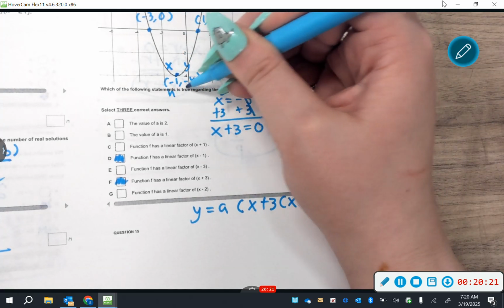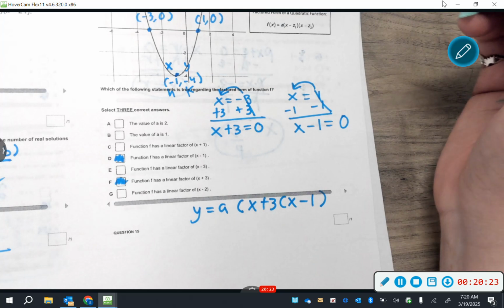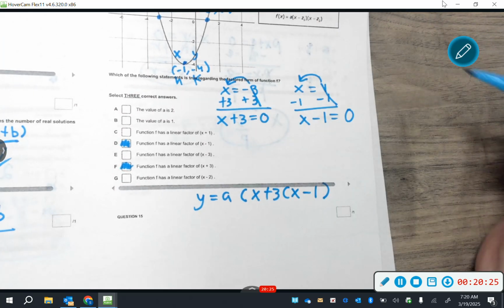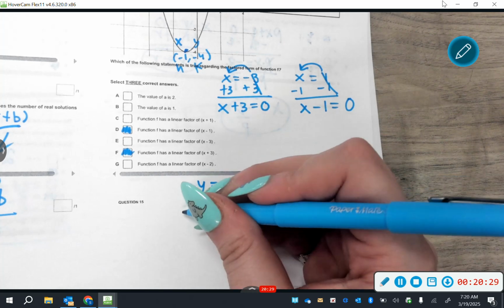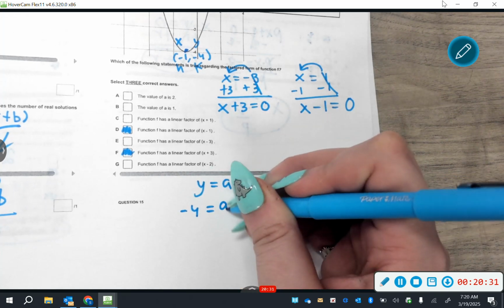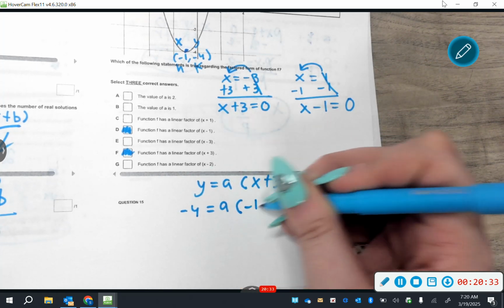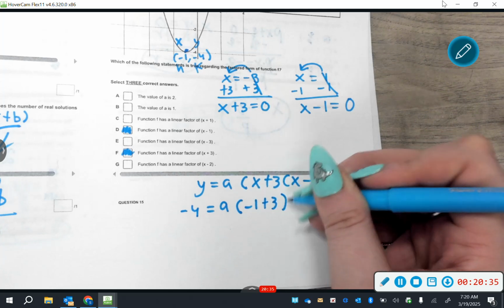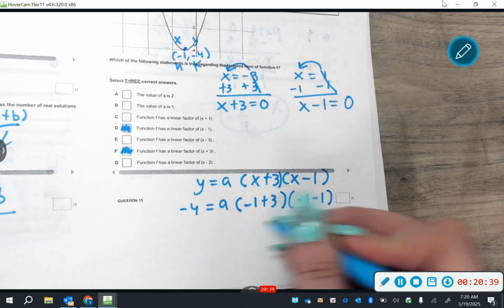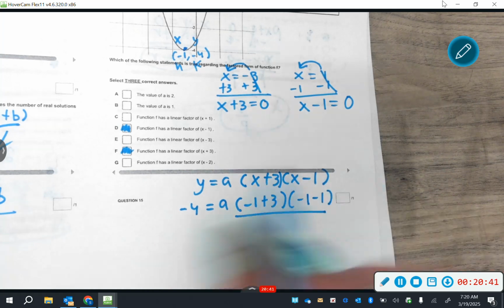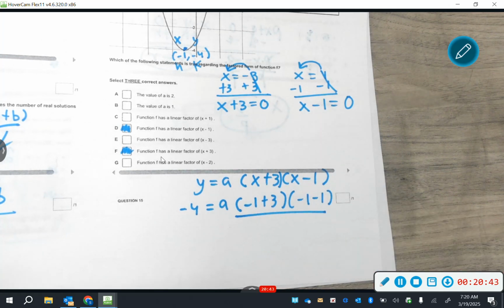XY, also we call that HK, just to review, it's your Hello Kitty. Okay, so if I want to plug that into my equation here to solve for A, that would be -4 equals A parentheses, -1 plus 3 parentheses, -1 minus 1. And I can either do this in my head or plug the parentheses part in my calculator to see what I get.